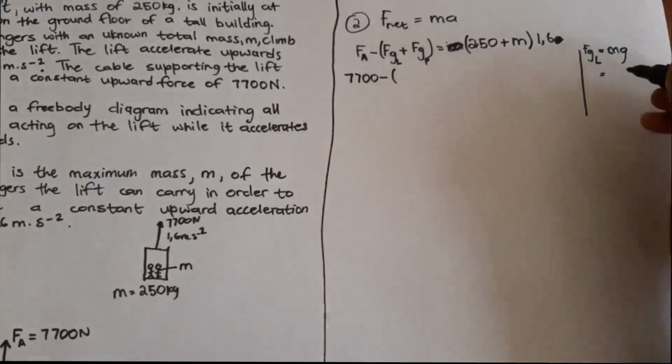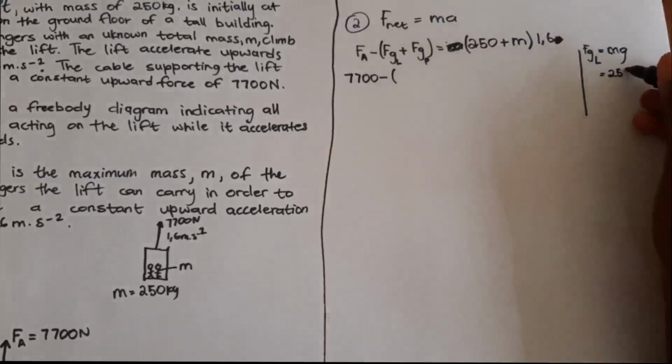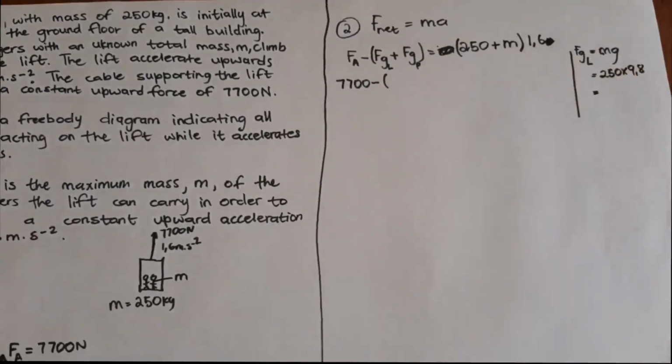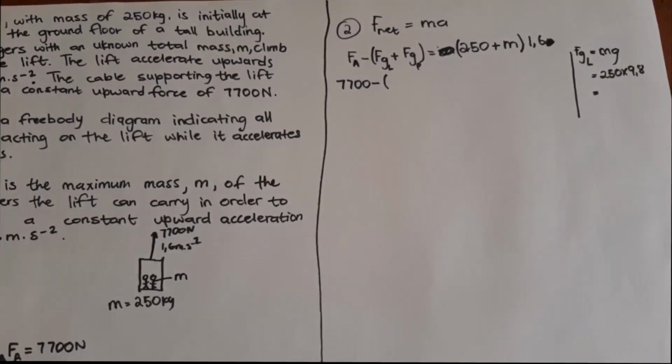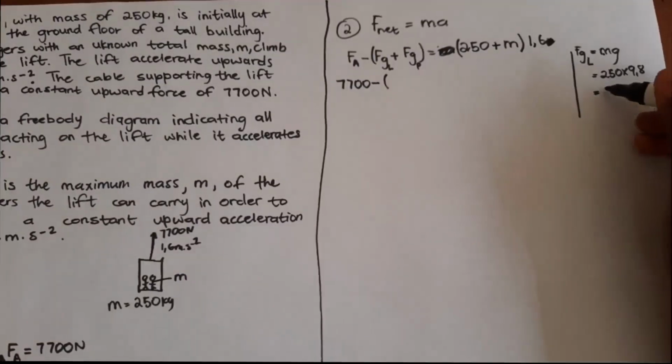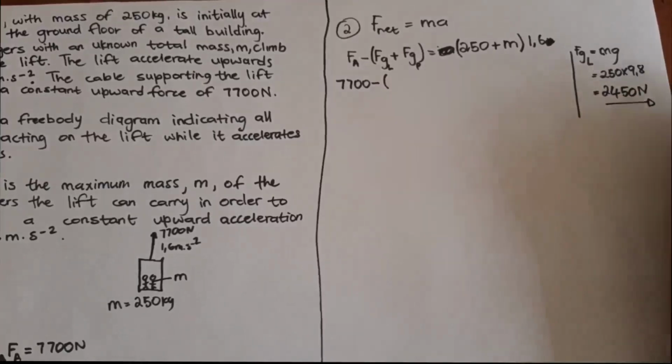The mass of the lift is 250, multiplied by 9.8 meters per second squared. Let's press the calculator: 250 multiplied by 9.8 is 2,450 newtons. That's the gravitational force acting on the lift.